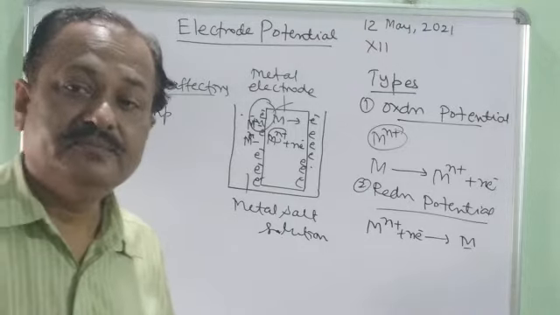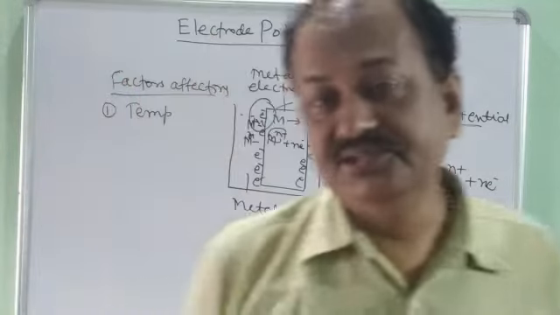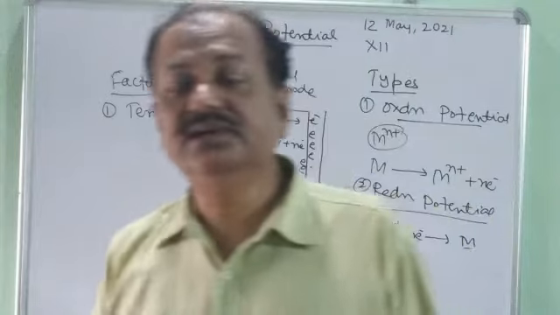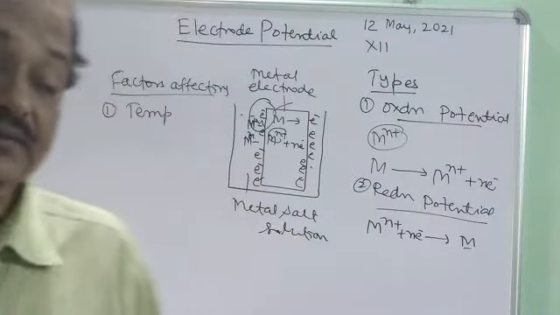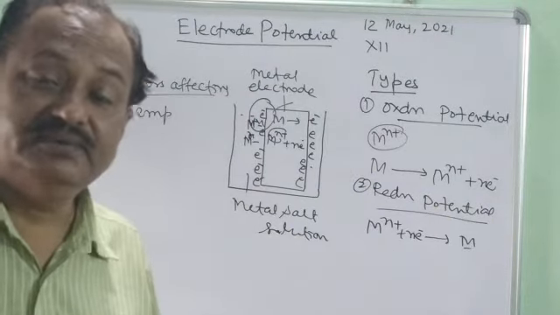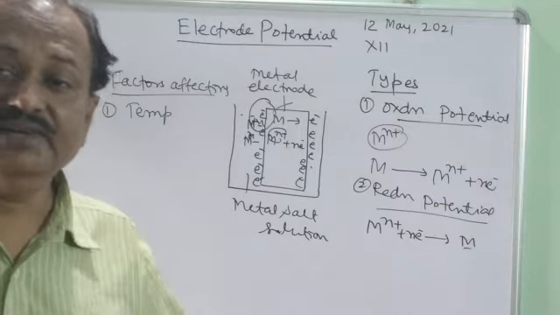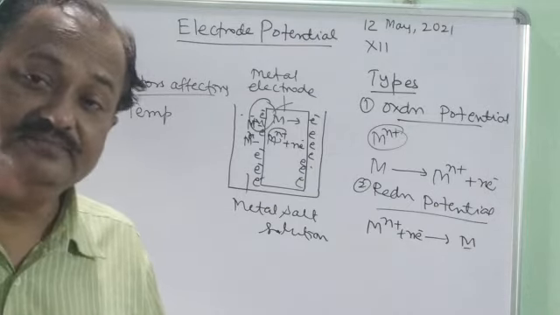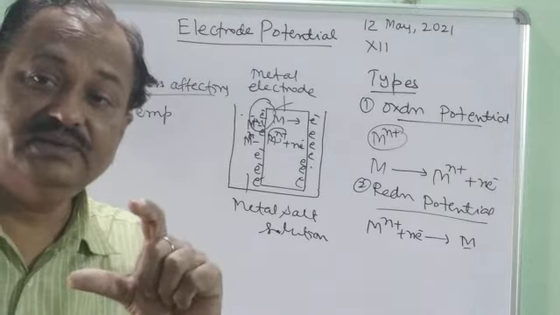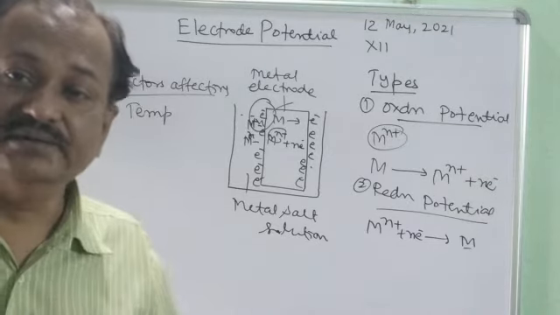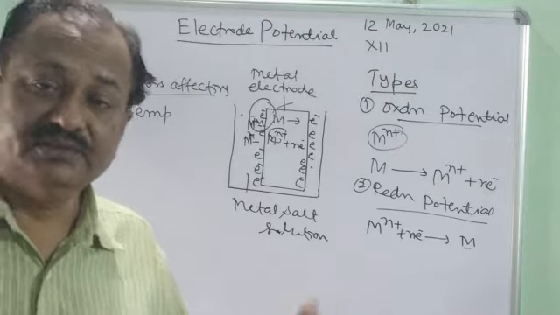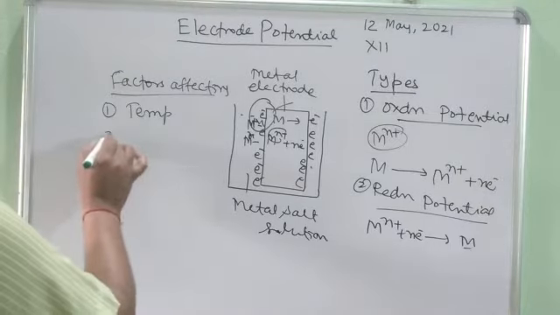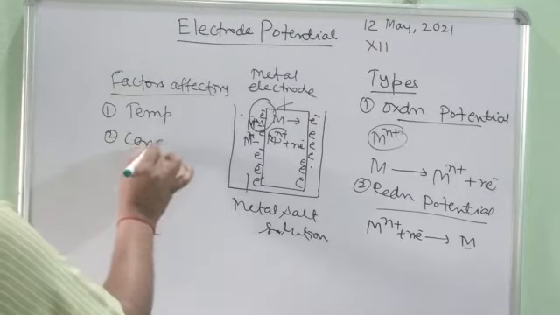You might know that in the winter season it is very difficult to start a vehicle by the battery or even by the kick, because the temperature is low and so fewer ions are available due to less mobility. So this is one point, the temperature. Now second is the concentration.